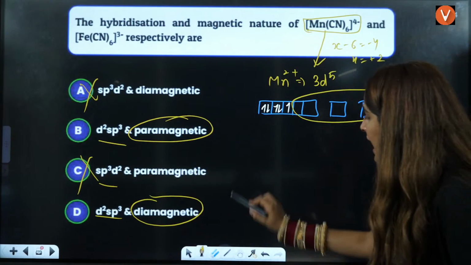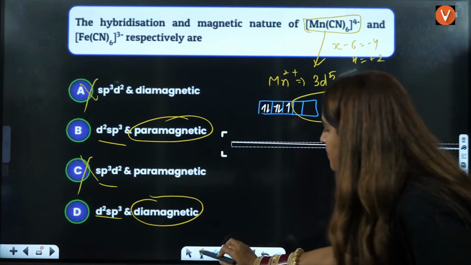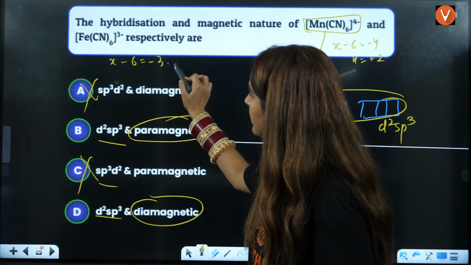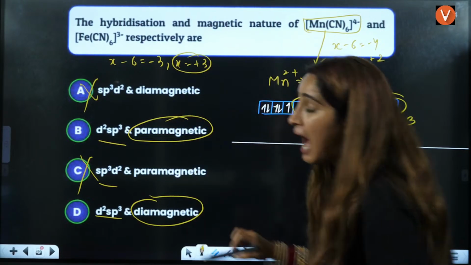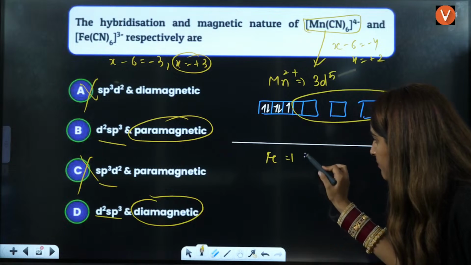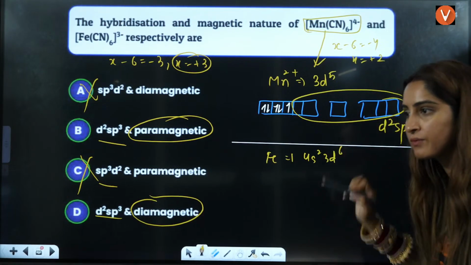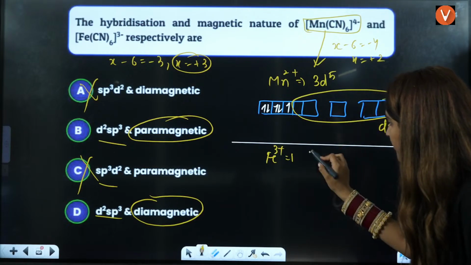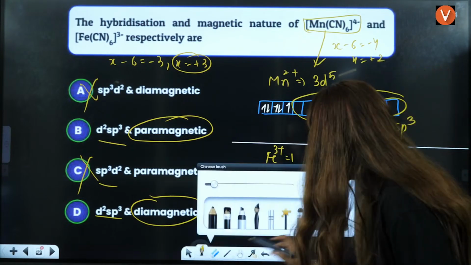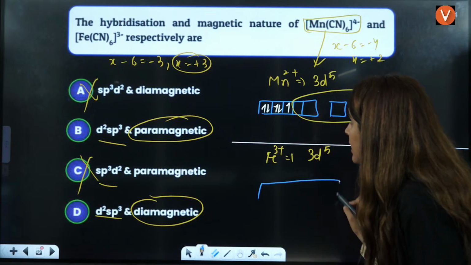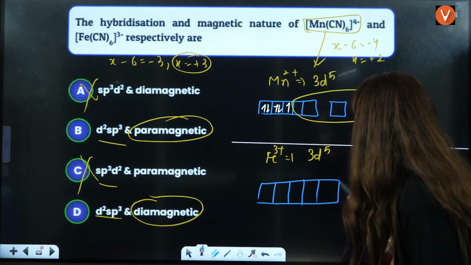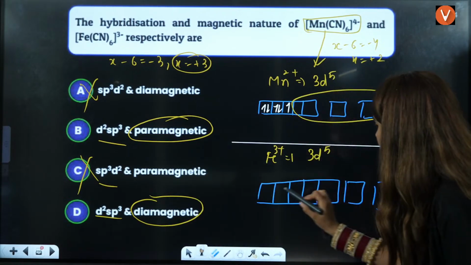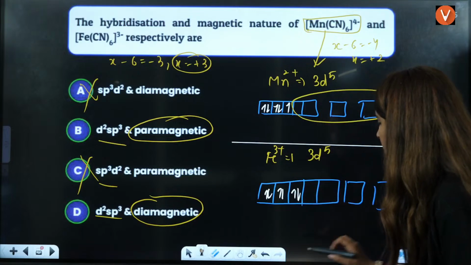Next one is whether Fe(CN)6 is para or dia. Again, X minus 6 is equals to -3, X becomes +3. Iron is 26. That means 4s2 3d6. Okay? Iron 3 positive is 3d5. Because CN is a strong field ligand, it will again cause the pairing 1, 2, 3, 4, 5, right?